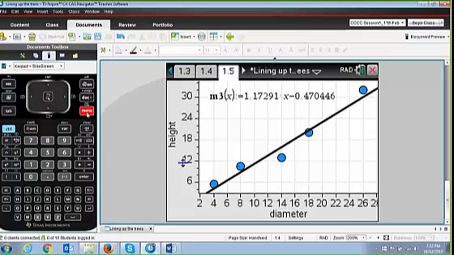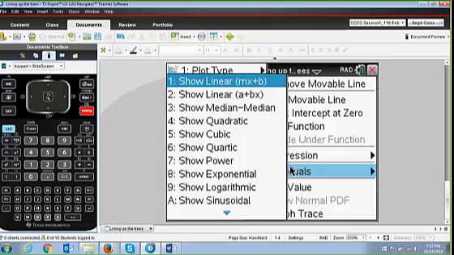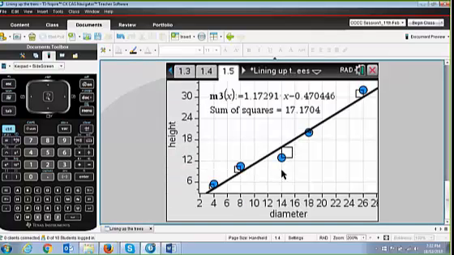But then on the menu analyze, instead of going to the residuals for the residual plot, we're going to go for the residual squares. And the beautiful thing about this application in the Nspire environment is not only do you see the different squares and their sizes, but you also have an instant calculation of the sum of those squares, which in geometry terms actually is the sum of the areas.